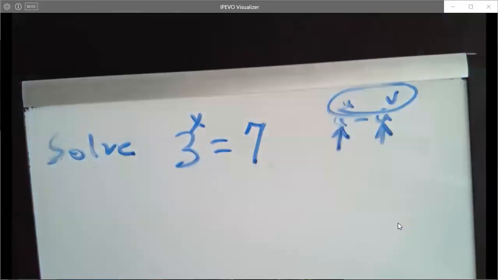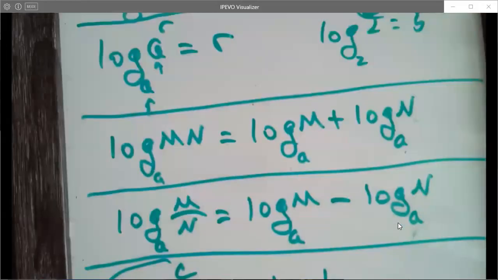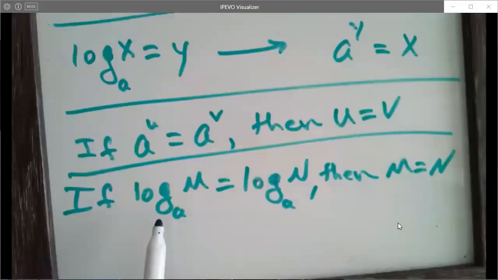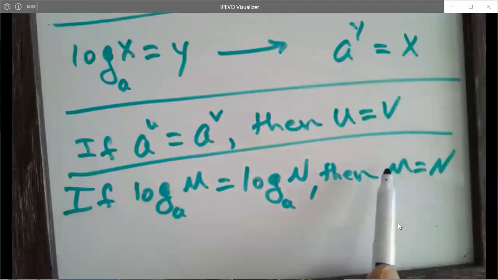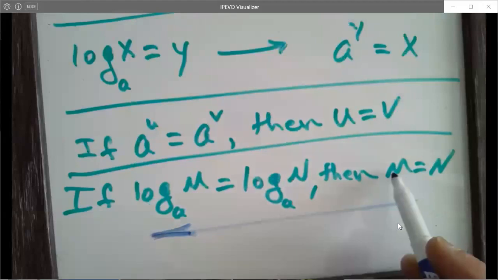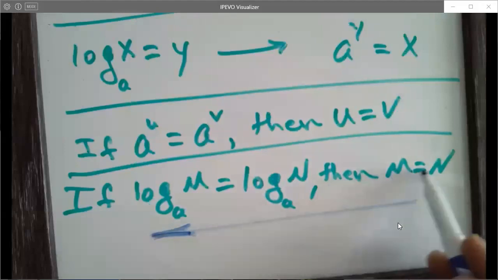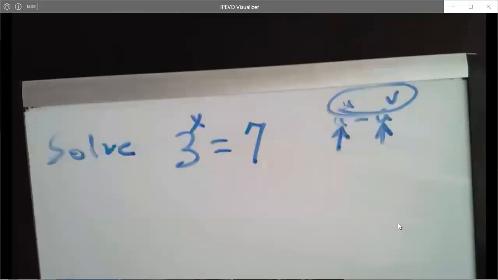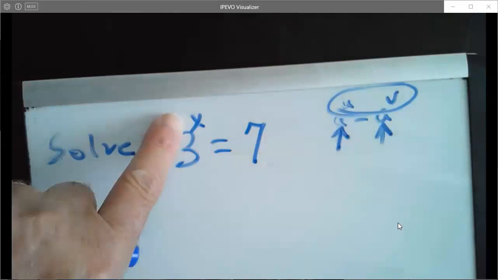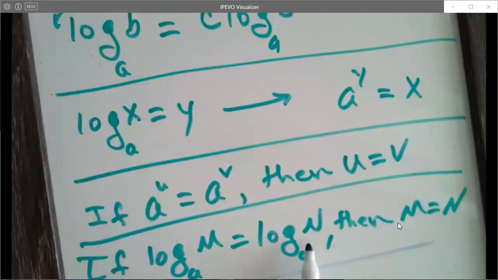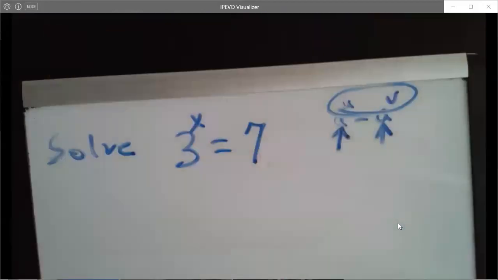So what we can do instead is use the property of logarithms right here. So what we're doing in this case is we're working backwards. We're saying if m equals n, and we have an unknown up in the exponent, then what we can do is apply log to both sides and then bring that exponent down.